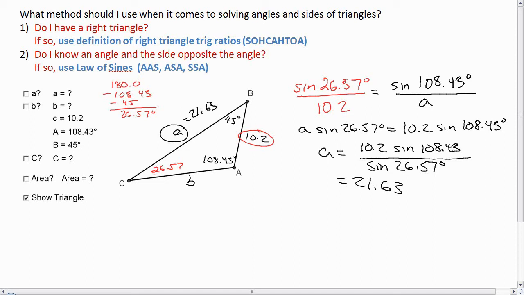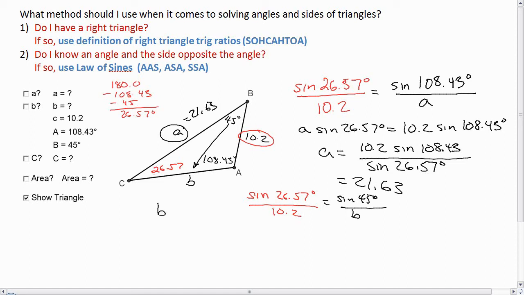Just to prove that 45 degrees will produce the second largest side, let's go ahead and set this one up. And again, we'll simply say that the sine of 26.57 degrees is to 10.2 as sine of 45 degrees, which ironically you already know to be radical 2 over 2, but we'll just do it on the calculator we normally have. I'm just going to cut right to the chase.